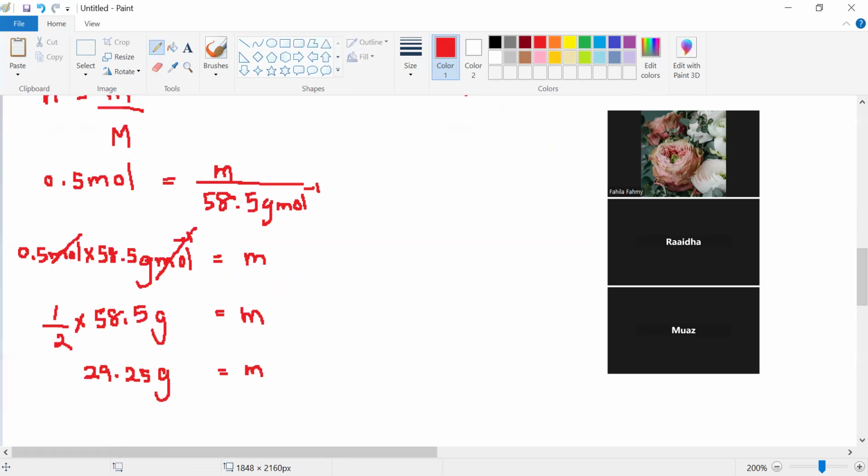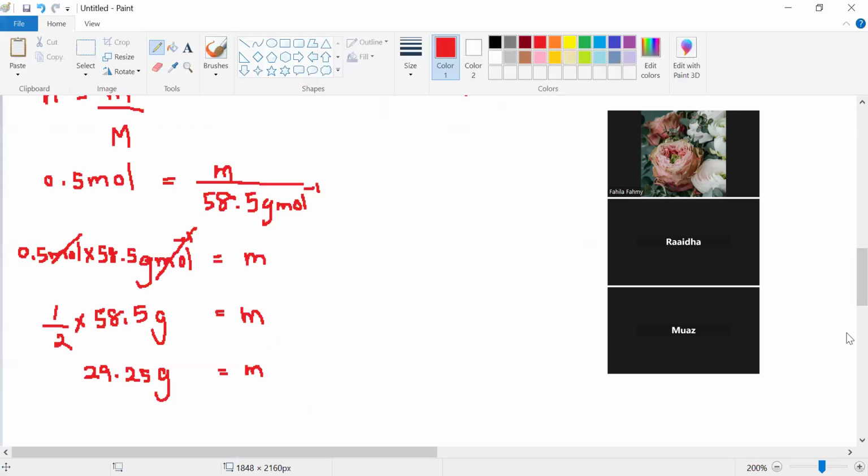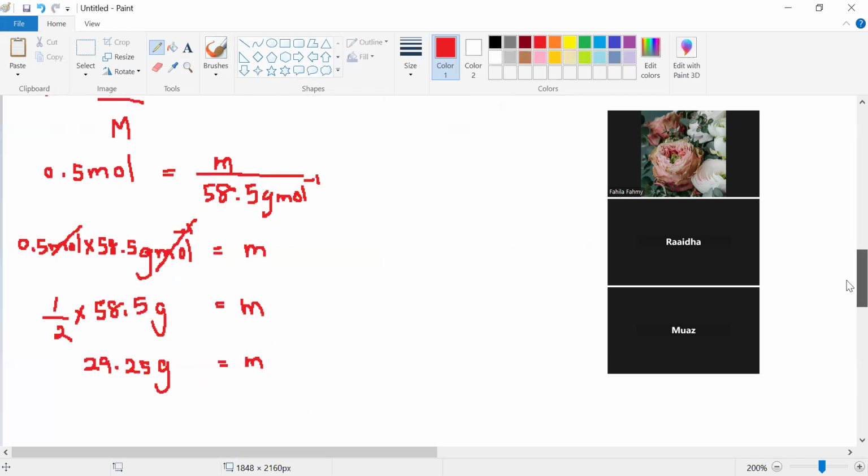Now go back to the textbook. See the answer. Okay. Now in here, what is the last step? They have done a step differently from how we did it. What I did was, I found out that I need half of it only at the beginning itself, and then I put the number of moles for half a mole itself.